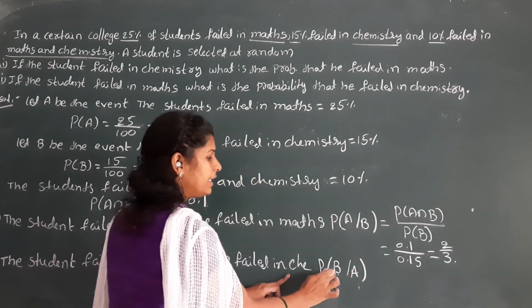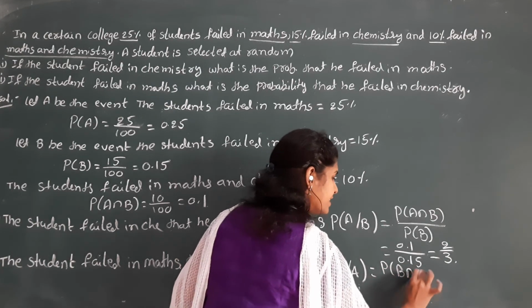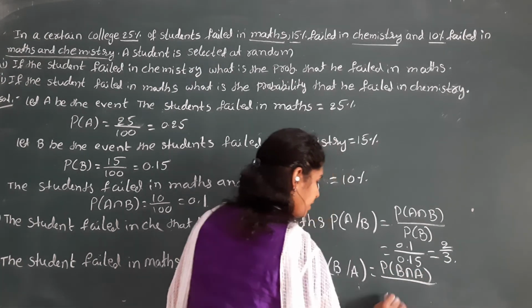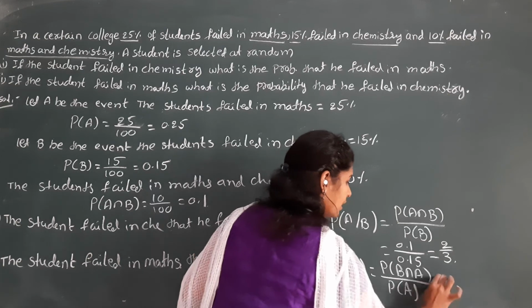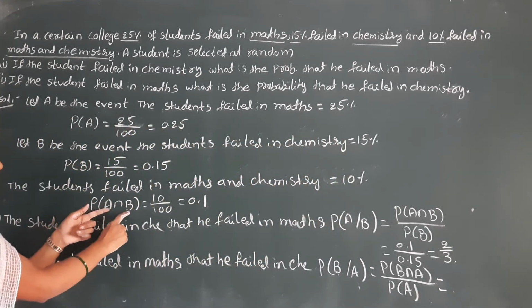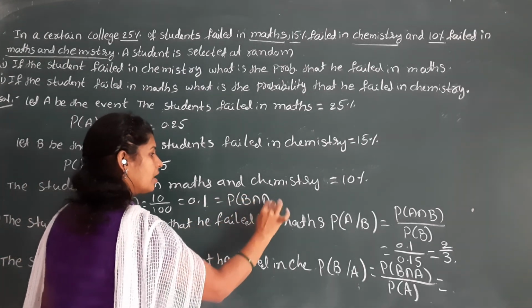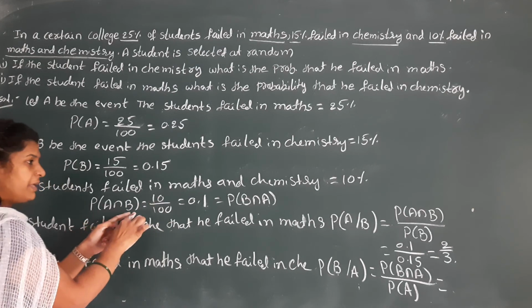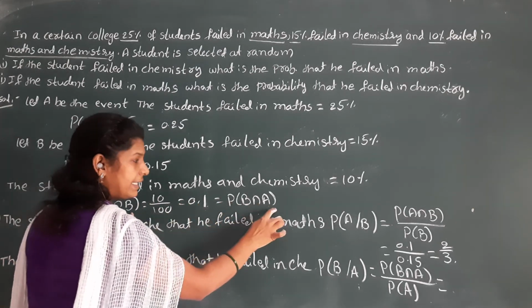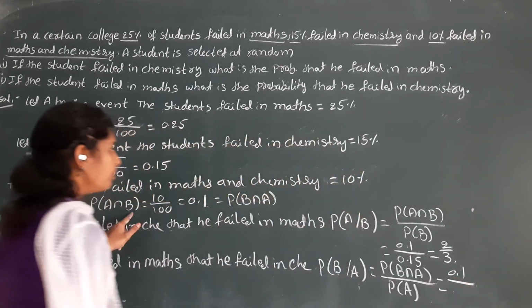So probability of B given A is equal to P of B intersection A by P of A. A intersection B value is nothing but B intersection A; both are the same. Probability of A intersection B is equal to probability of B intersection A. So that value is 0.1 by probability of A value.